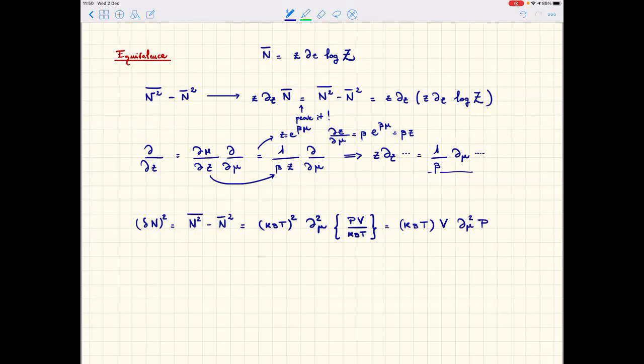And now I want to rewrite this expression in terms of the compressibility. Already from this expression, you see that the fluctuations are actually extensive because they are proportional to the volume itself. But to see it better, let's rewrite everything in terms of the compressibility.